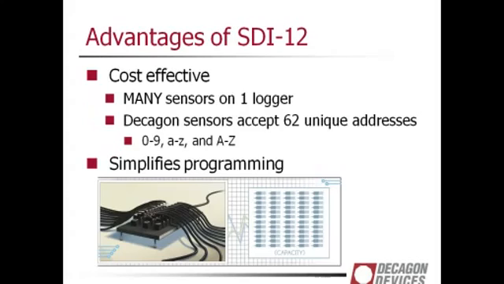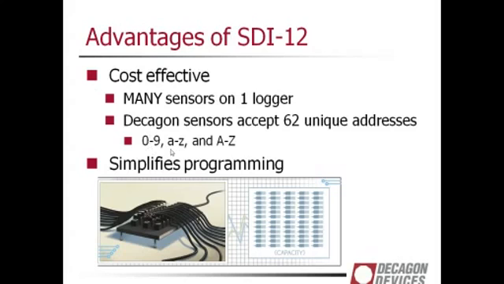One of the advantages of SDI-12 is that it's a cost-effective way to put lots and lots of sensors on one data logger. Now, the number of addresses that can be accepted by a sensor varies from sensor to sensor or manufacturer to manufacturer. The Decagon sensors will accept 62 unique addresses.